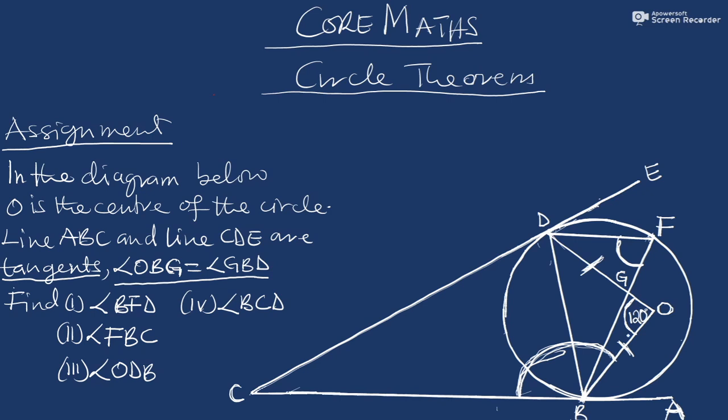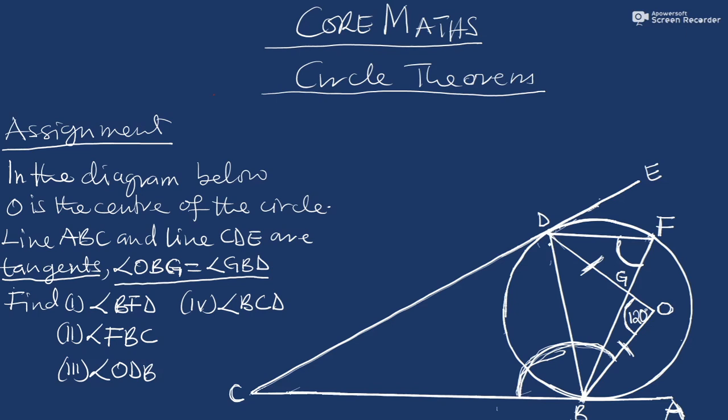This is a radius, this is also a radius. So they are equal in length. Now looking at the diagram again, we also have triangle OBD. Because this length is the same as this length, triangle OBD is an isosceles triangle. Okay, triangle OBD is an isosceles triangle.